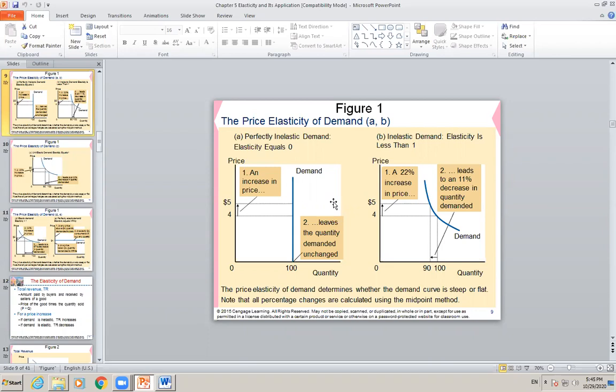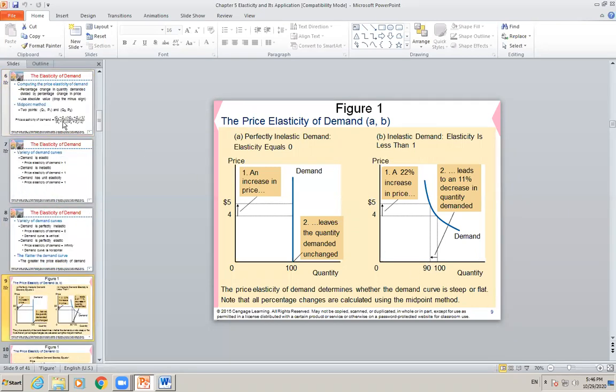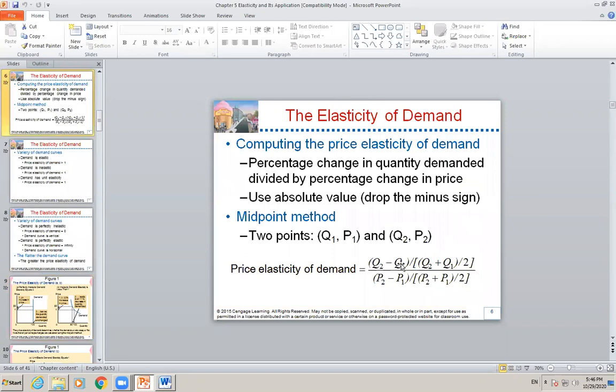And how we do it: when the price was 4 and it becomes 5, and the quantity was 100, it becomes 90. We just apply the formula which is given here: Q2 minus Q1 divided by (Q2 plus Q1) divided by 2, and P2 minus P1 similarly. You just put the numbers inside the formula and you get the price elasticity.